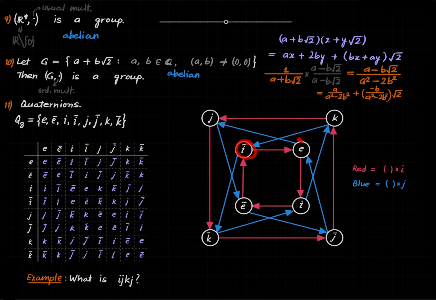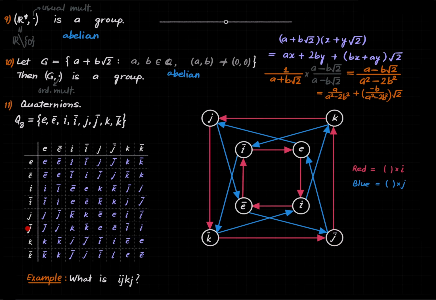We have listed out all the 8 symbols that constitute the set Q8, and the red arrows denote multiplication on the right side by the symbol I. So if you start at k bar and multiply by I on the right, you will get j bar. That is what the red arrow means. Similarly, if you multiply on the right side by I, the element j bar, what do you get?